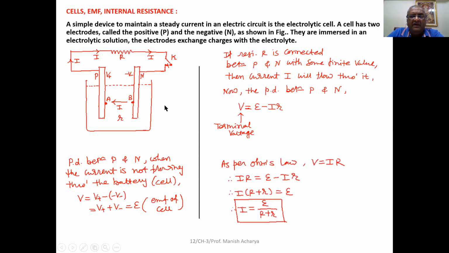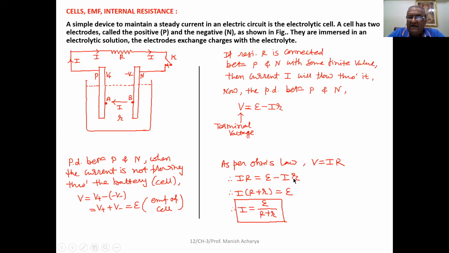Now see, when current I is flowing through resistor R, then as per Ohm's law, we can write V equal to IR. So here in this equation, if we substitute the value of V, that is IR, then IR equal to E minus I into small r.